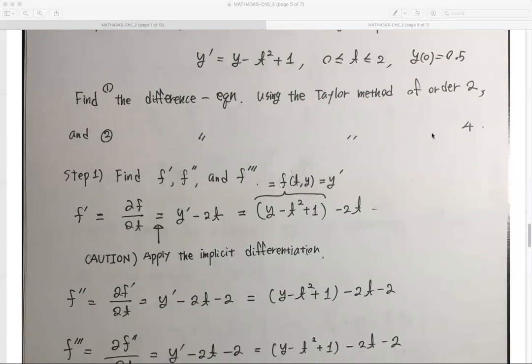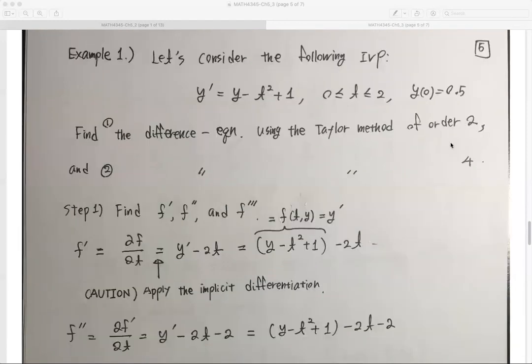Depending on the order, when you construct the Taylor polynomial, the number of terms in the Taylor polynomial will be determined, right?